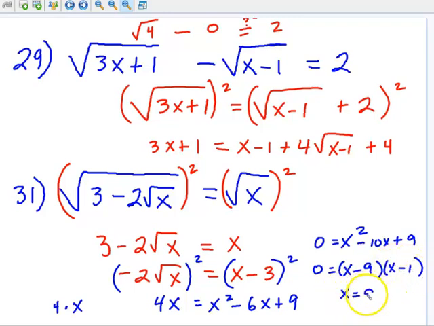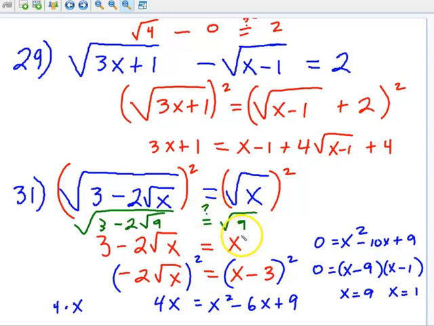So I got 2 possible solutions. I just want to make sure that they're both legitimate. So let's check 9. If we let x be 9, what do we get?